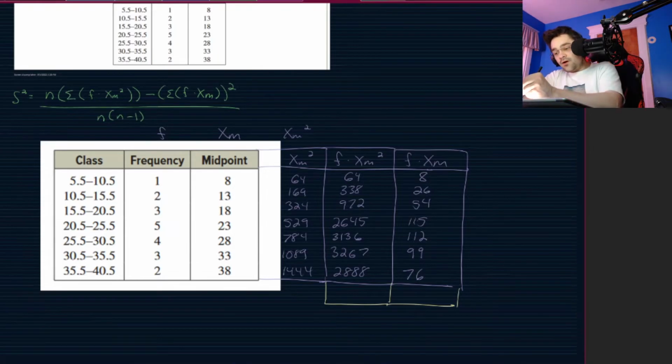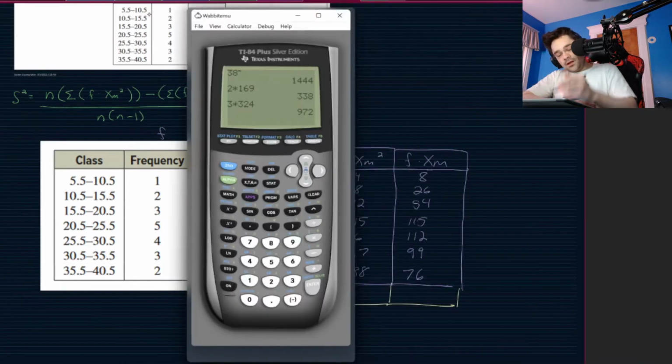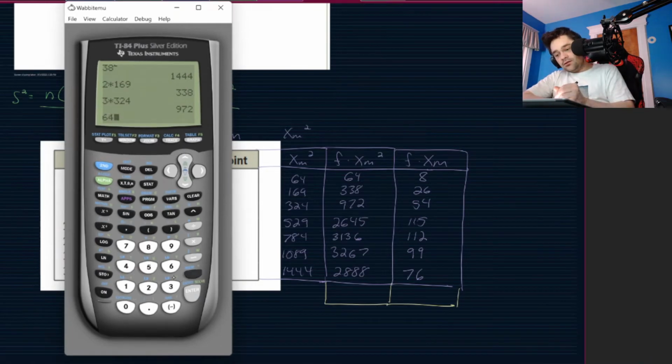So the sum of all the f times xm squareds, that's going to be the sum of this column right here: 64, 338, 972, 2645, 3136, 3267, 2888.